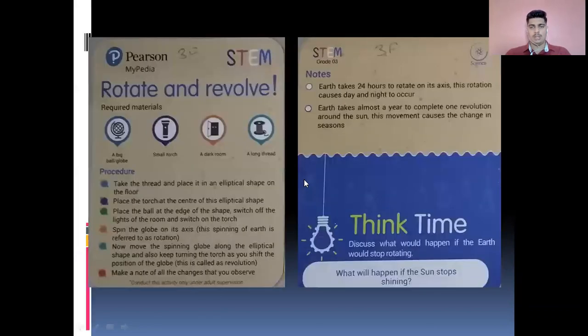And what is the next question? What will happen if the Sun stops shining? Now this is also a critical case. This will never happen, but we should imagine. Now, this is the Sun again, but this time it's not shining at all. So, here is Earth.